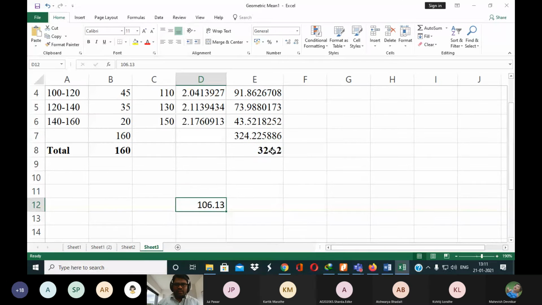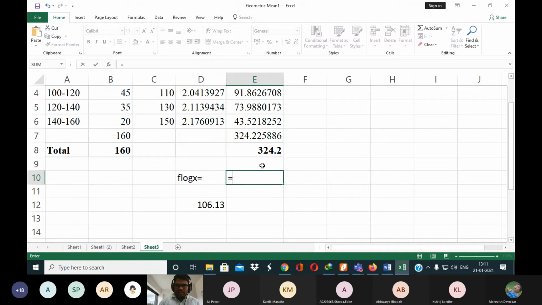We have the number, so we can calculate the geometric mean. This is your summation of f of log of x value. Log of x value is this. We will put it systematically here. This is your frequency.